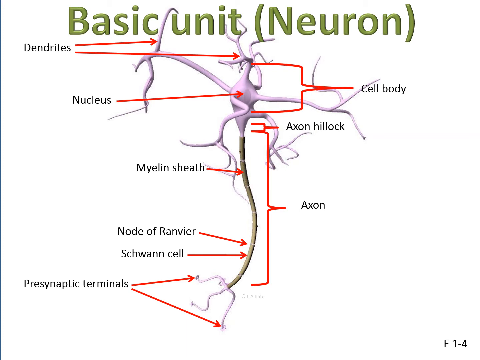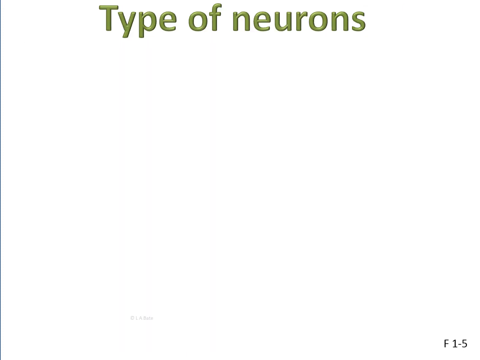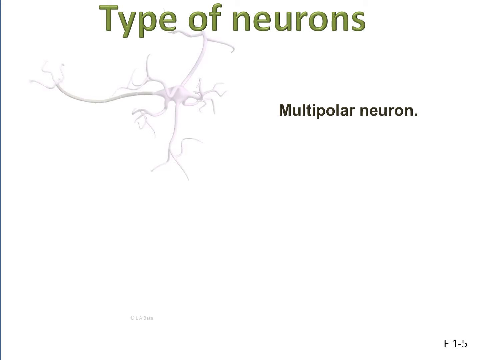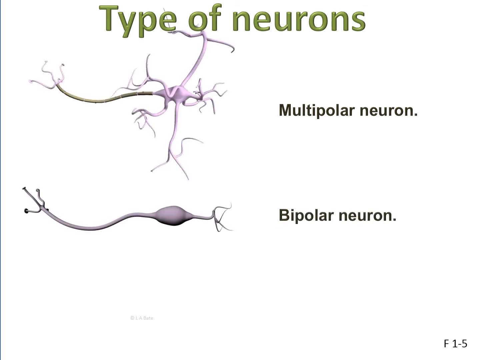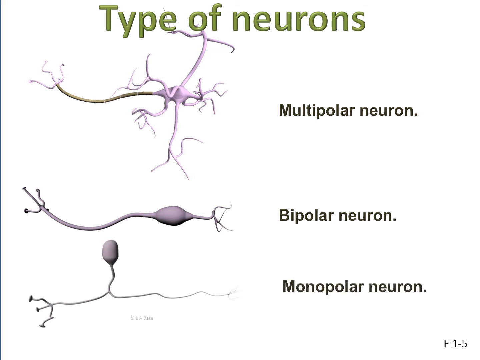We will discuss this in a minute. Depending on their roles and their shapes, neurons can be classified as multipolar neurons, bipolar neurons, or monopolar neurons.